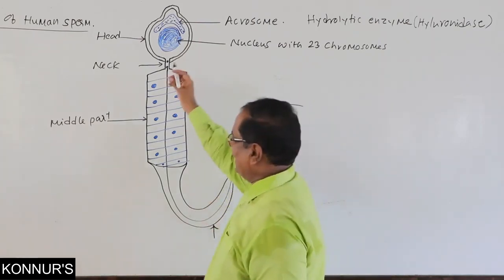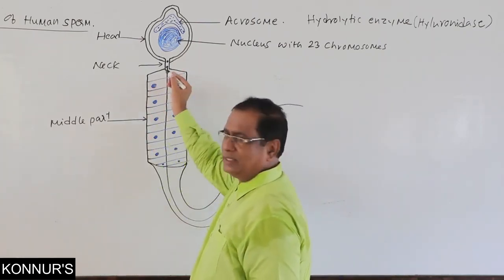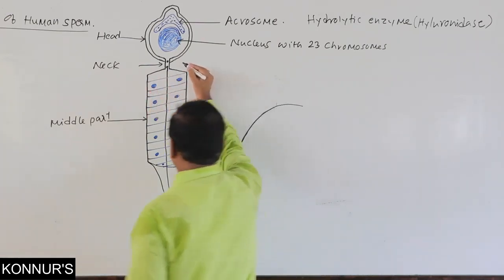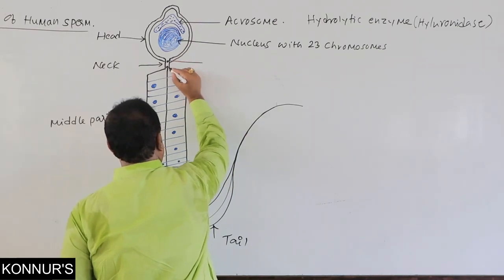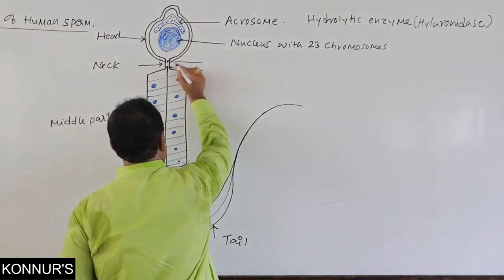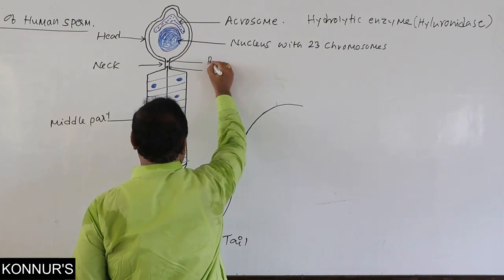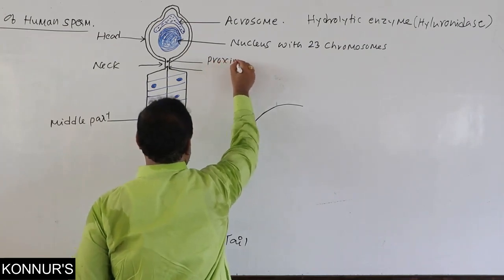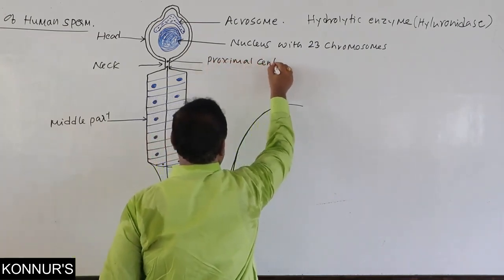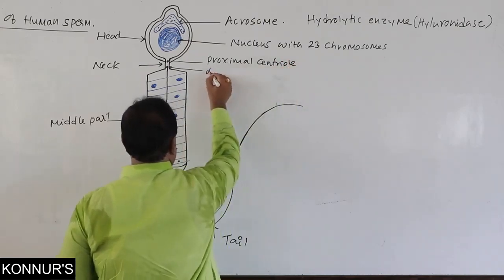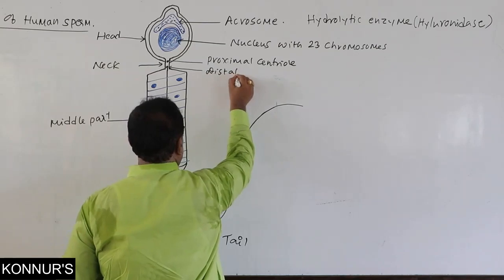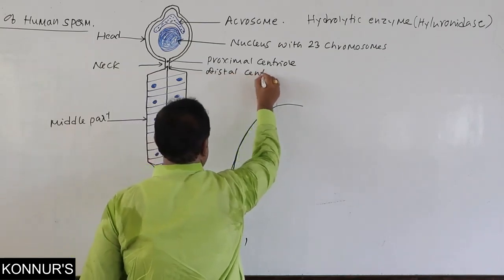And in between head and middle part, there is a neck. And here we see two centrioles. One is proximal centriole. Another one is distal centriole.